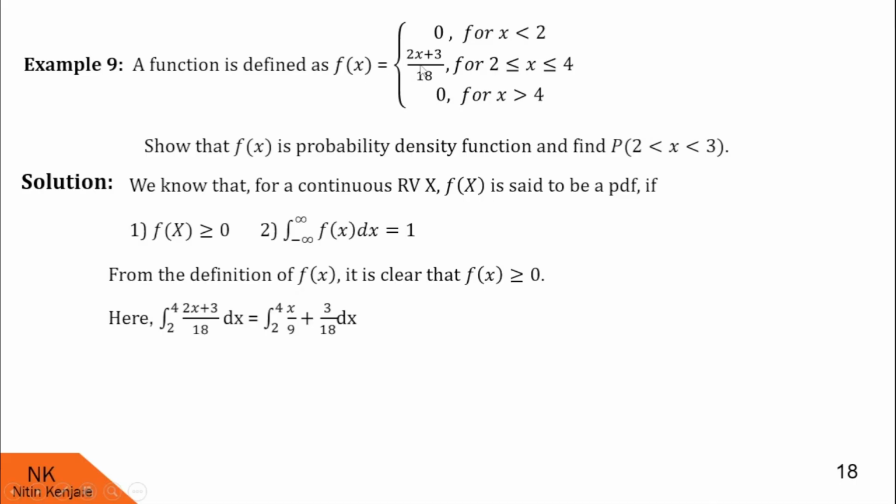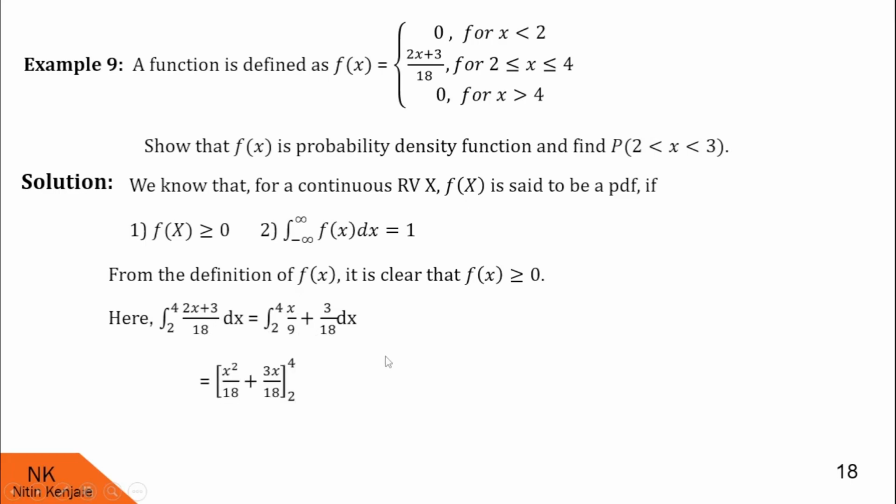f of x takes value 2x plus 3 upon 18 in that interval. So we integrate only in this interval 2, 4, and we take f of x value as 2x plus 3 upon 18. Let us integrate this. 2x by 18 can be written as x by 9. 3 by 18 I am keeping as it is.